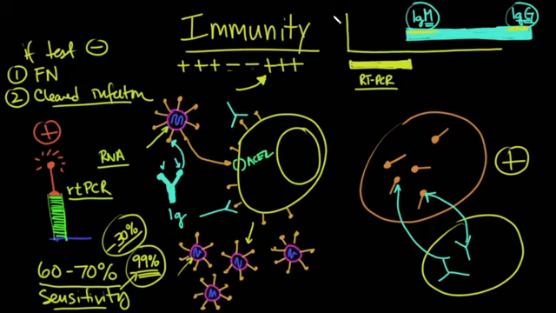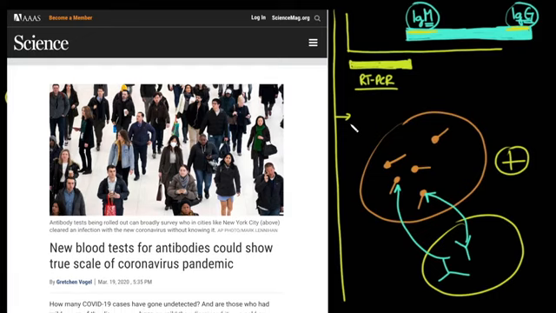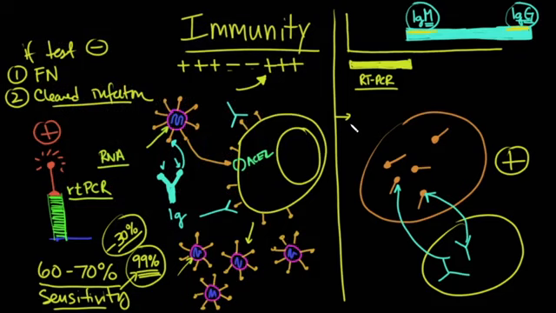So this type of testing, on the right side of this line here, is just now starting to come on. This could be potentially important because even though you might not have had symptoms of the original infection, you will be able to know whether or not you have been infected using this kind of test. And we'll bring up other applications of this later on in this video. But understand that there is a difference between PCR testing and antibody testing.